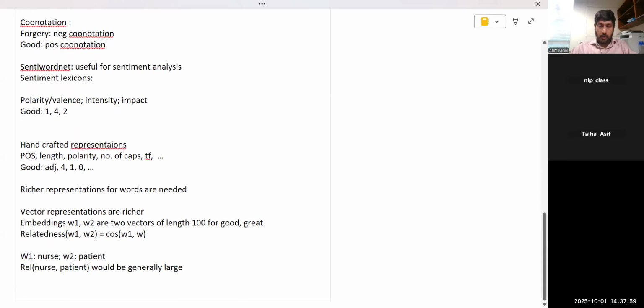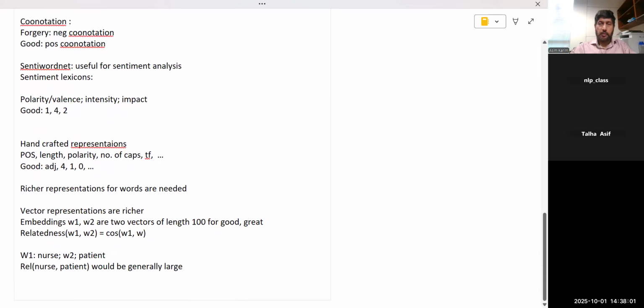Okay. So we talked about how we can represent richer representations using vectors. Now, what is the other idea here? हमको मीनिंग्स कहाँ से पता चल सकती हैं rather than looking up the dictionary or wordnet, कोई और तरीके से भी हम मीनिंग्स इन्फर कर सकते हैं? Any ideas?